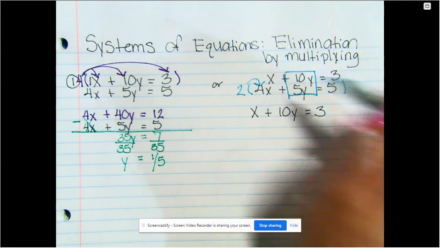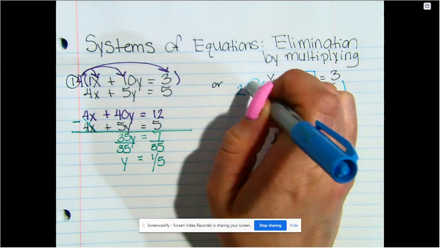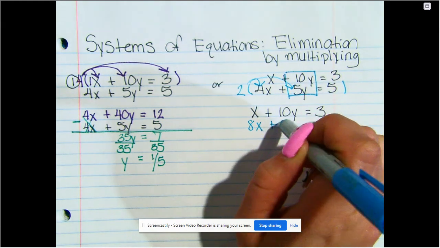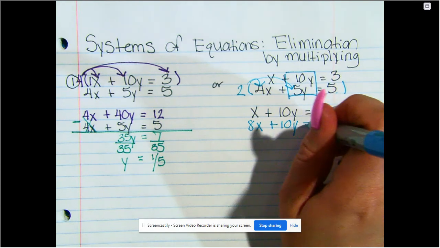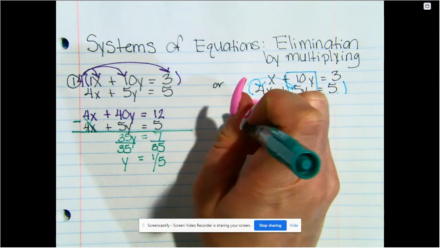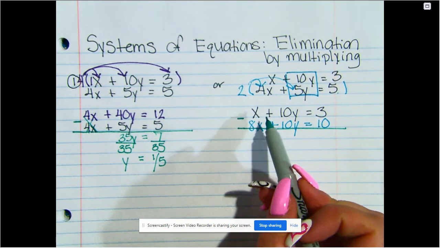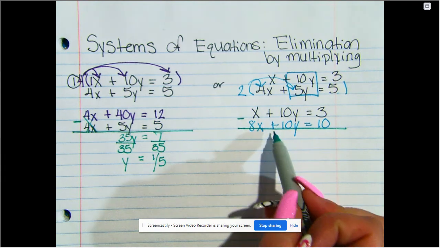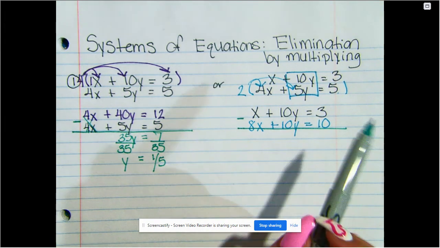So 2 times 4 is 8. 2 times 5 is 10. And then 2 times 5 is also 10. Here I know that subtraction is going to eliminate those y terms. If I was to multiply by -2, I could add, and then they would cancel.